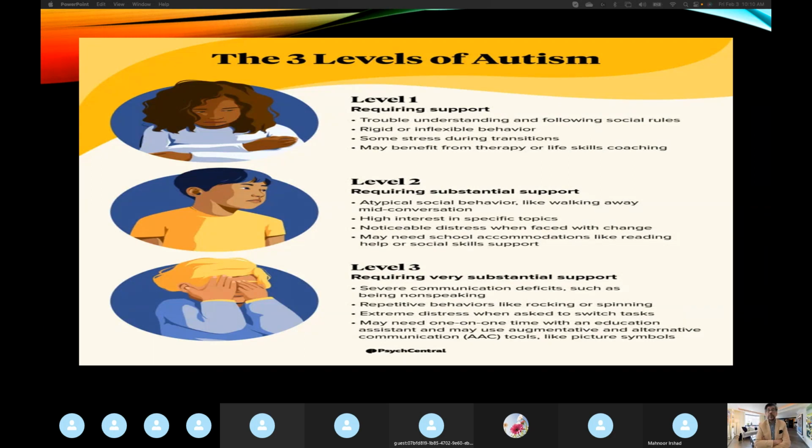I hope you must have watched Forrest Gump, a movie which was made about 20 years ago. Tom Hanks was the person, and that was actually showing level one autistic behavior, which required some support, not all of it.